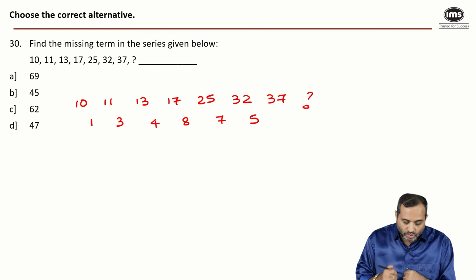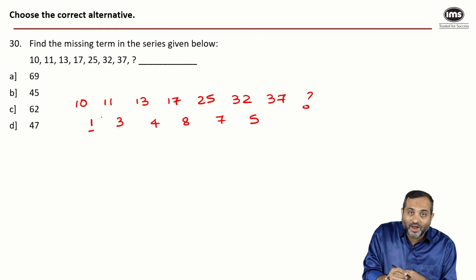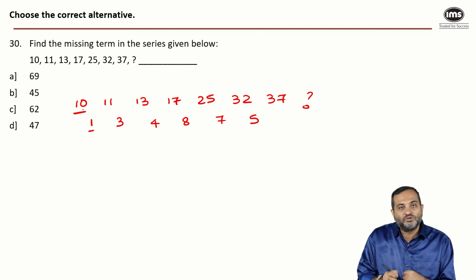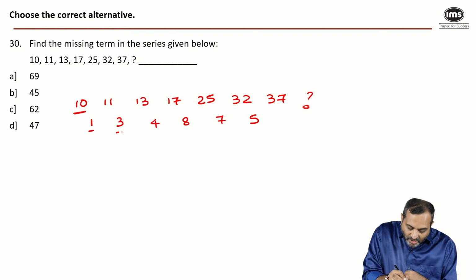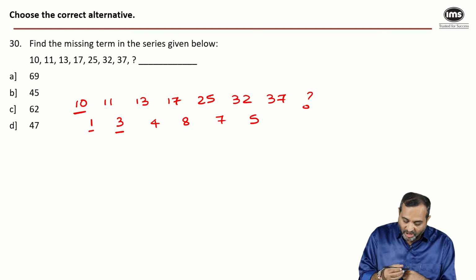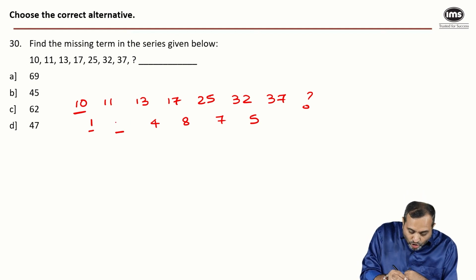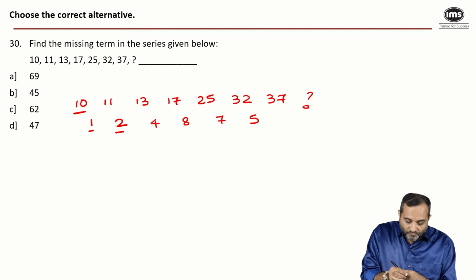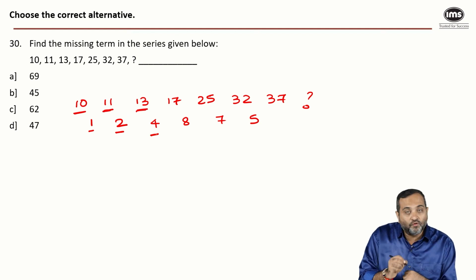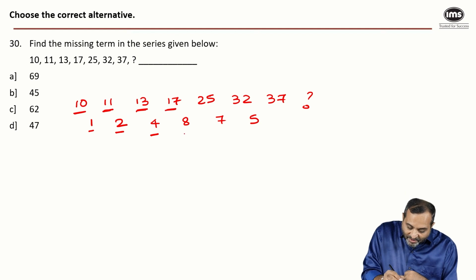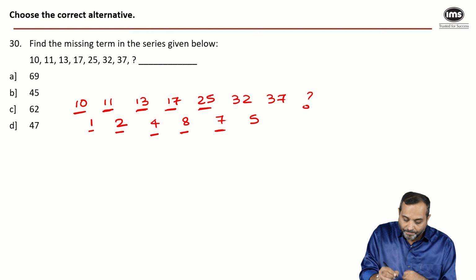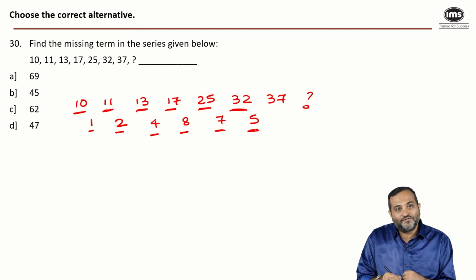So the logic used here is, how do I get a 1? It's 1 plus 0, which gives me a 1. How do I get a 3? Actually, if you check, the difference is not 3, the difference is 2 here, which is 1 plus 1, 2. Now do you see 1 plus 3, 4, 1 plus 7, 8, 2 plus 5, 7, 3 plus 2, 5.